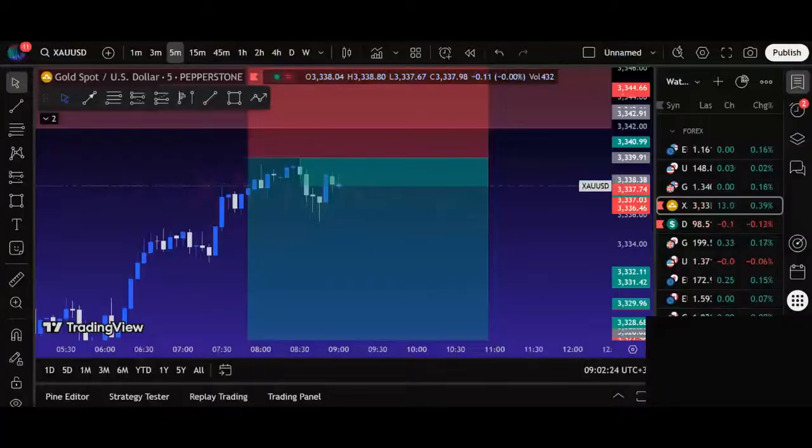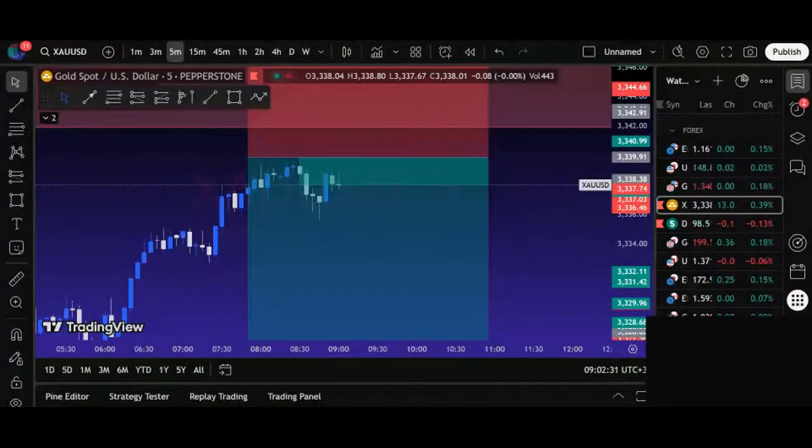Now time to check. Let's do some analysis. Wacha tuache hii trade ya go. We go to first bull. Let's just do some analysis. Hiyo trade tutakuja kuona.